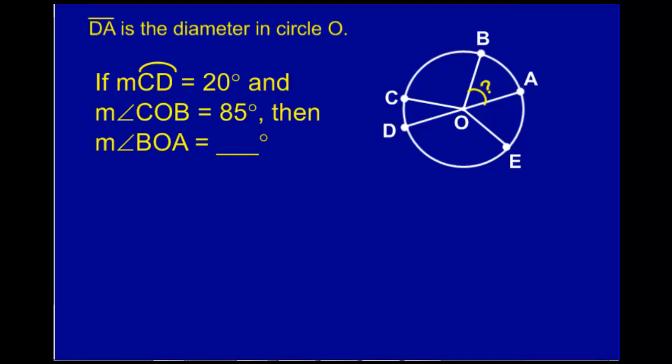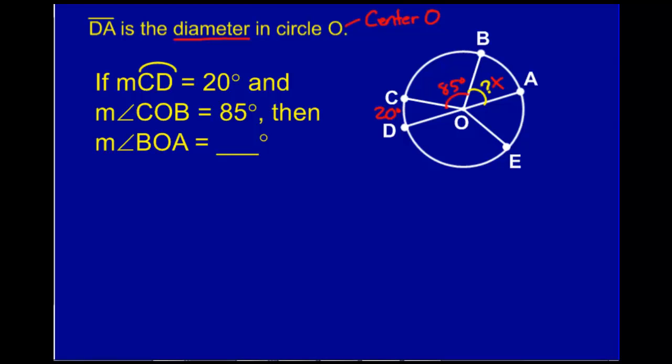Okay, next example. DA is the diameter in circle O. So that's a key term for us. In circle O, again, recognize when they say that, that means the center of the circle is point O. We're given some information. If the measure of arc CD equals 20 degrees, and the measure of angle COB equals 85 degrees, then find the measure of angle BOA.